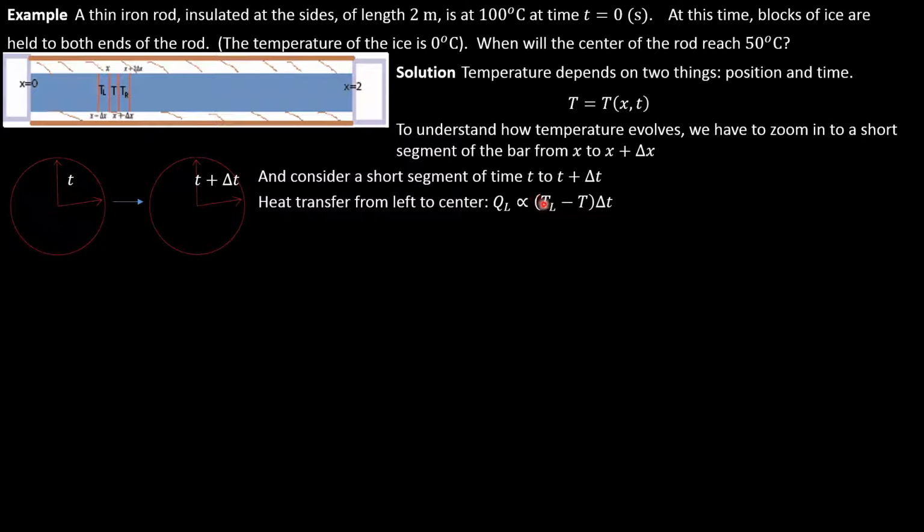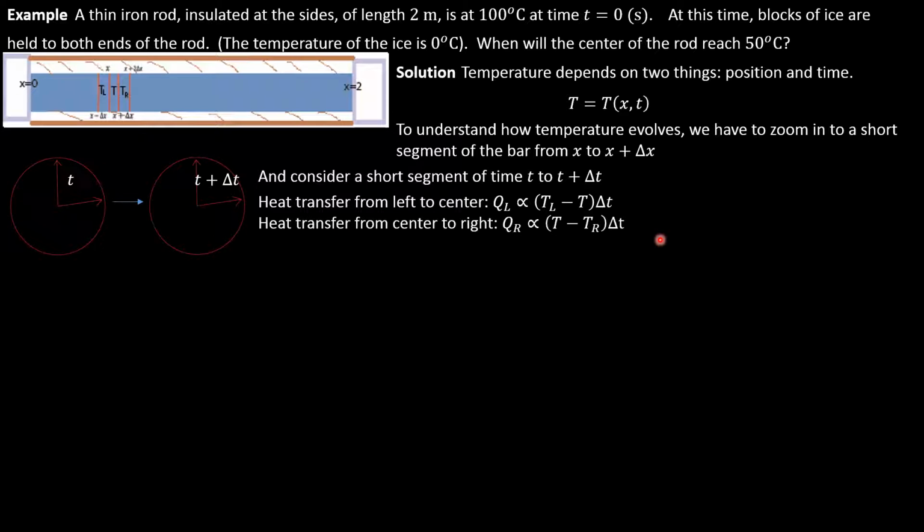On the other hand, if the left slice is colder than the center slice, then there will be a negative transfer of heat, meaning heat will exit from the center slice to the left slice. So we conclude that the heat that goes from left to center is proportional to TL minus T times the amount of time that we allow this to occur. The more time that passes in this short time interval, the more heat will transfer.